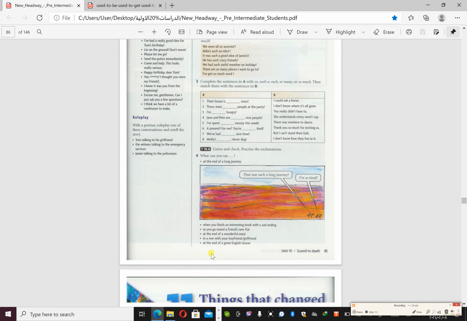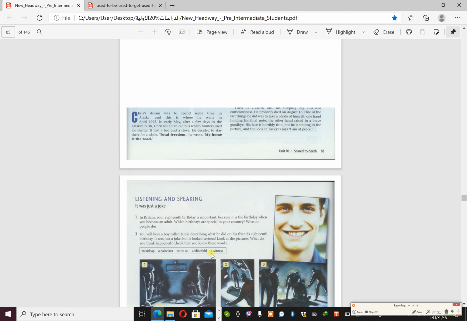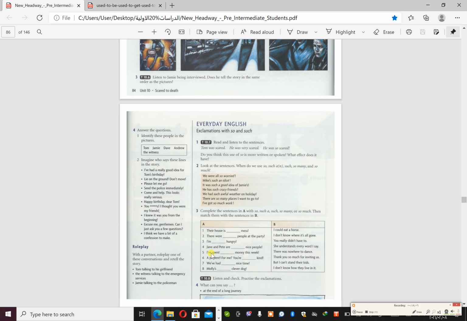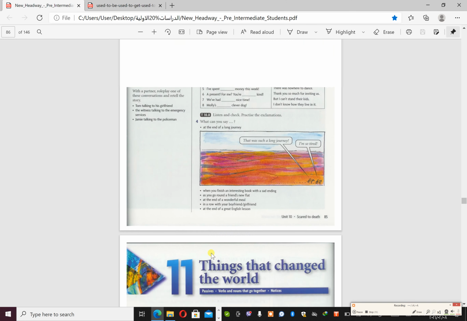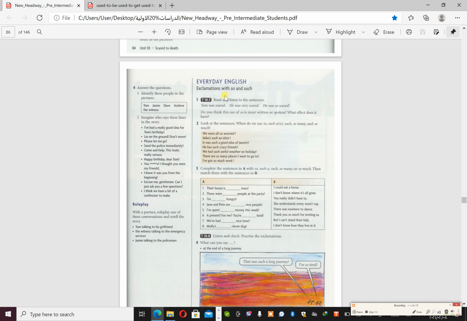Here guys, if you see on the same page, on the same unit, and this is specifically on page 85, okay, here in number 2, this is the difference of exclamation that we use, so or such. هو شنو الاختلاف؟ ليش استخدم مرة so واستخدم such؟ Okay, فهنا, for example, I use so just to give us the meaning of very, basically.